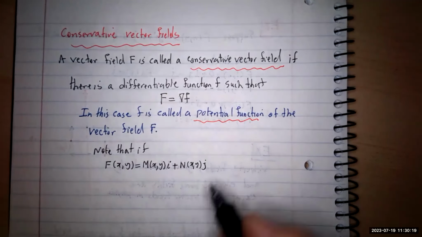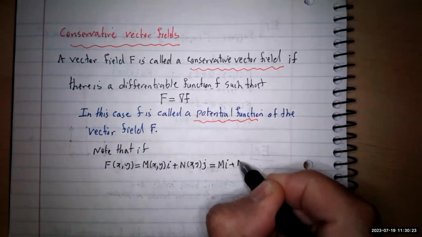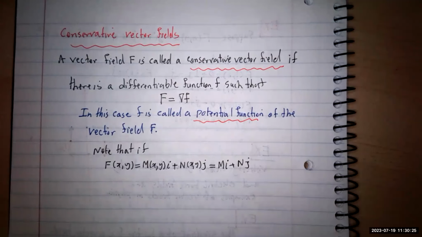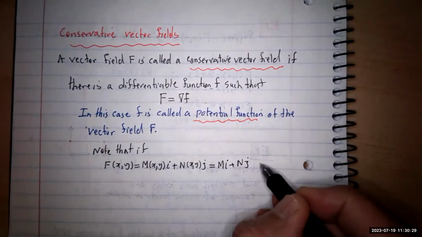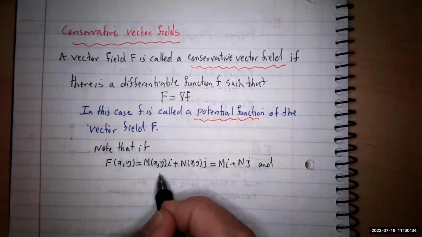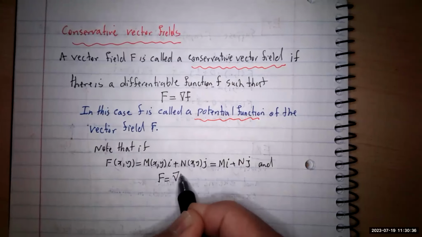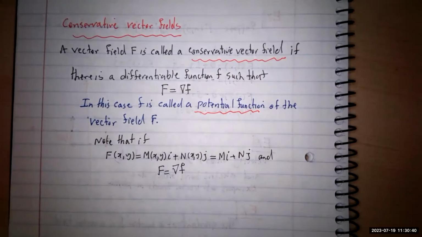So in short, we write it as M times i plus N times j. This is going to be your function. If F is conservative, and F is equal to the gradient of f, so let's form this equation.